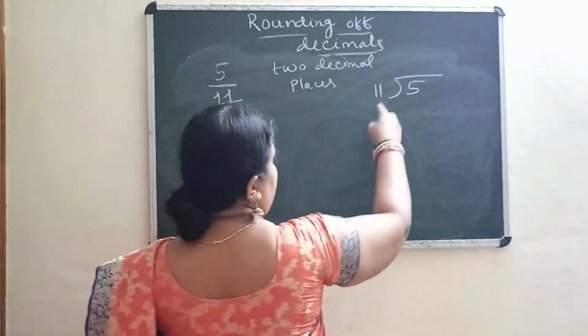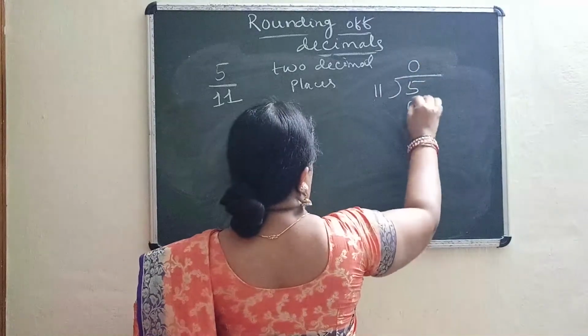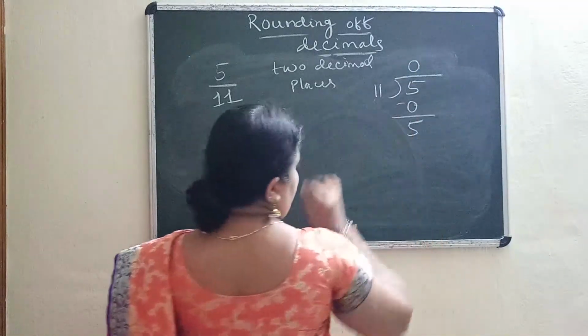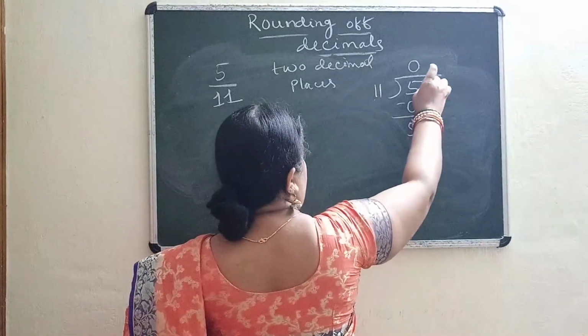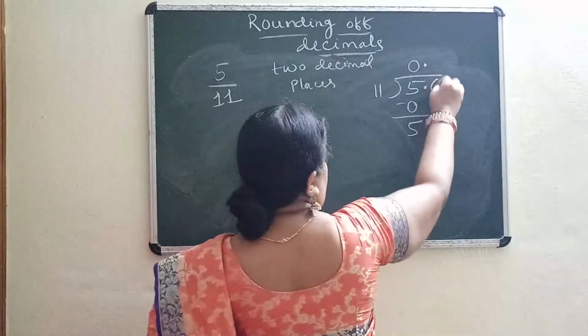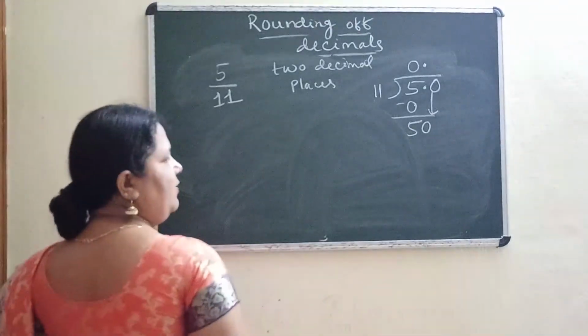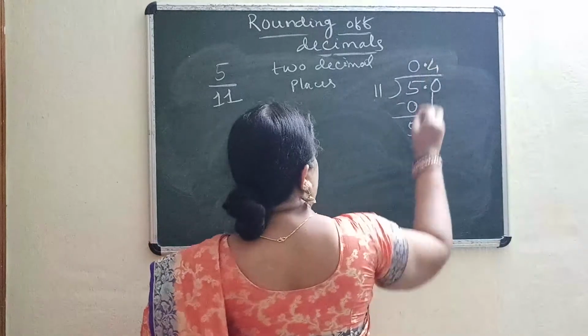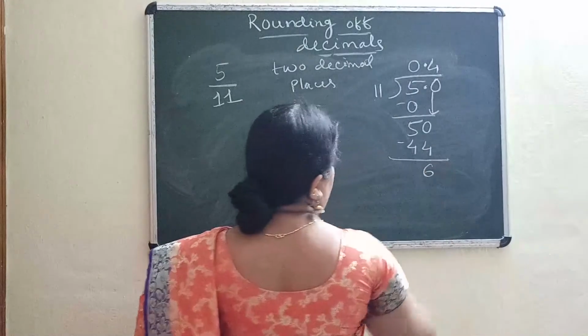What will you do first? This one is smaller, so you have to put one 0 in the quotient. 11 zeros are 0. Then 5 is left. Then you put one decimal point here and insert it in the quotient also. Then add 0 in your dividend. Now 0 comes to this step, 50. 11 4s are 44. Then the left out value is 6.